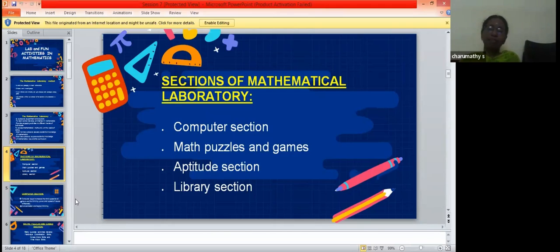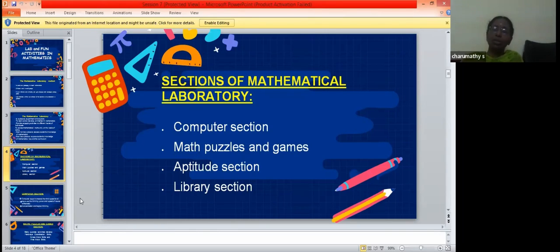Later, it can be developed into puzzles and games of higher order. Initially, it may be for the lower achievers also, but later it can be made higher order, because puzzles and games should not be very simple. Initially, it should be simple for them to get interested in doing that, but later you have to increase the order of it. That is very important.